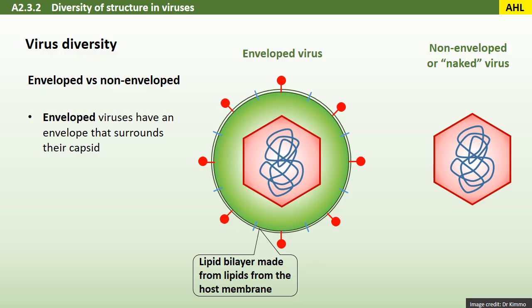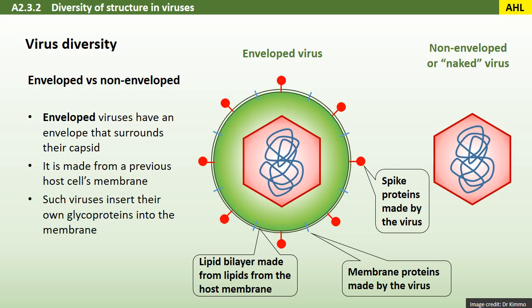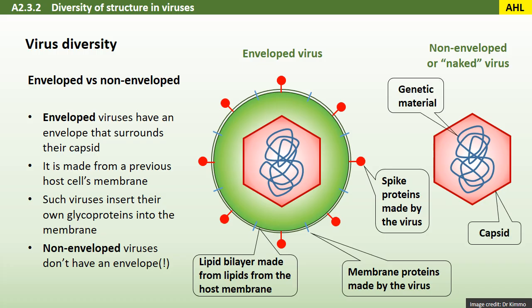And this envelope is a lipid bilayer made from the cell membrane of a previous host cell. Such viruses make their own glycoproteins, which they insert into the membrane. And non-enveloped viruses don't have an envelope, but they still have genetic material and a capsid.